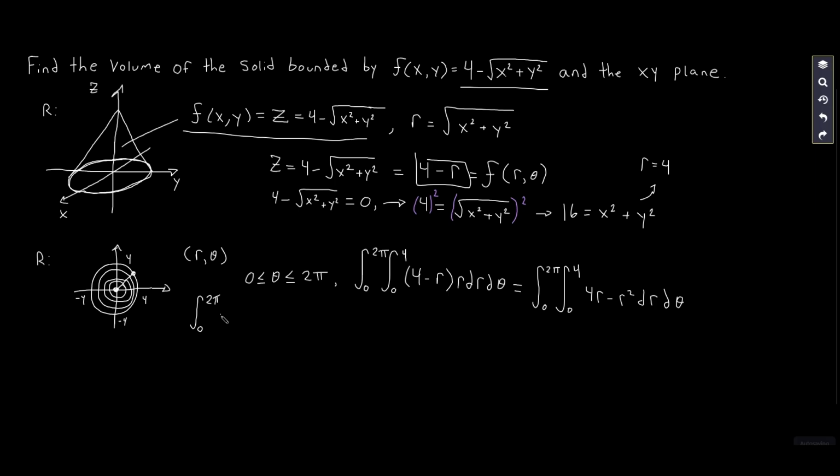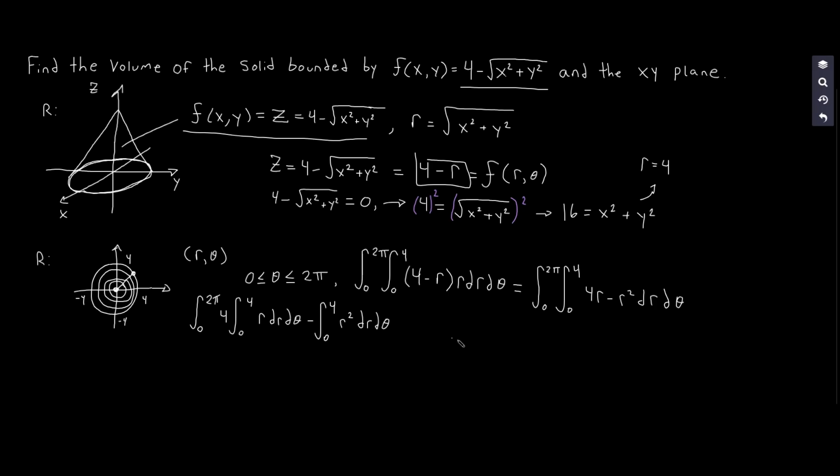So, respectfully, 4 times the definite integral from 0 to 4 of r dr d theta, and from that we're going to subtract the integral from 0 to 4 of r squared.